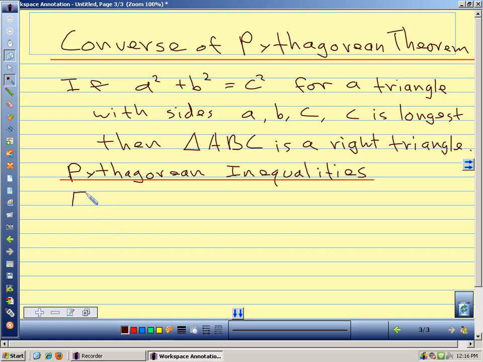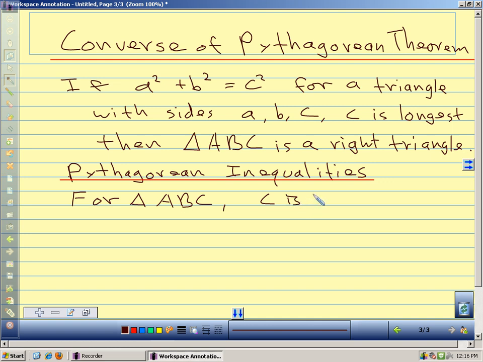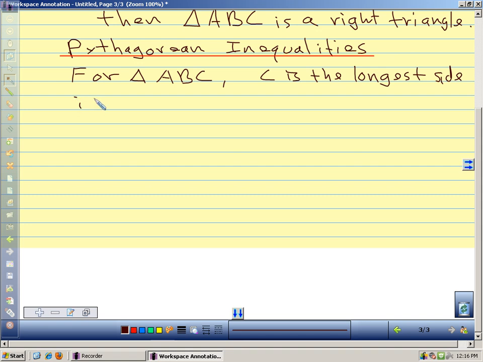We have a triangle ABC, and C is the longest side. If, and this is what we just talked about, if c squared equals a squared plus b squared, then the triangle is a right triangle.